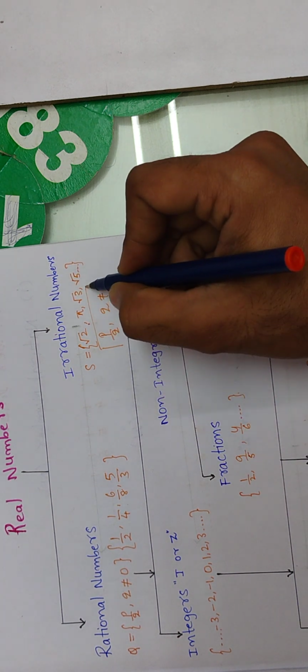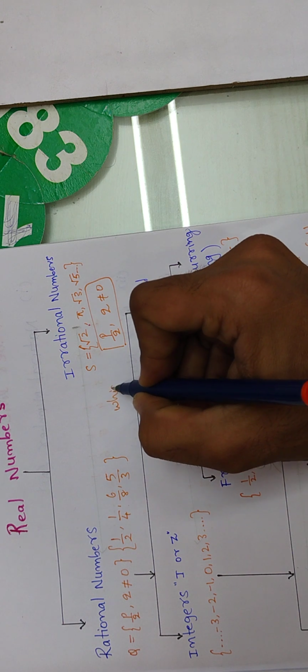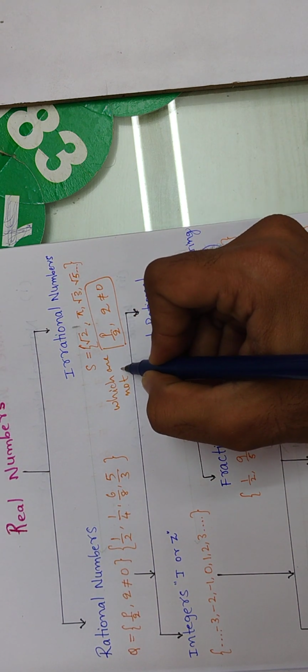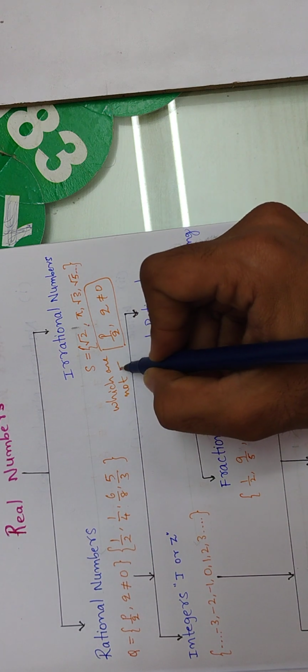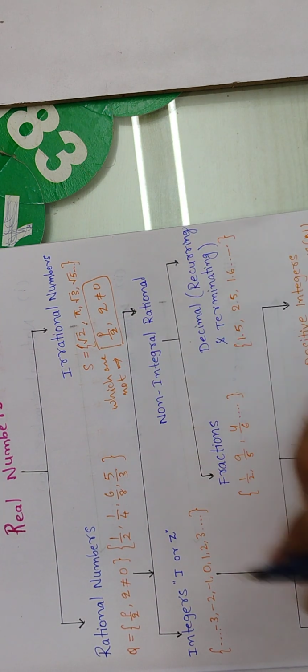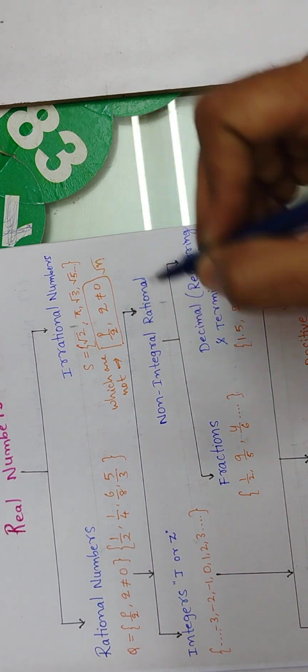These are numbers not in P by Q form. You can also say the condition is that n is not a perfect square.